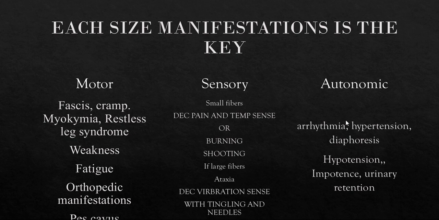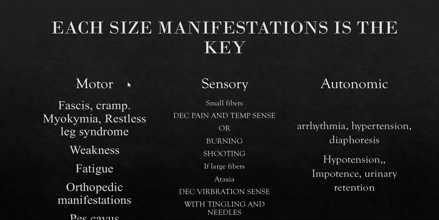But yes, the patient can present with hypertension or hypotension, diaphoresis, arrhythmias, urinary retention or impotence. If it is a small fiber, it's going to affect the autonomic fibers and the small sensory fibers, which are responsible for the transmission of pain and temperature. So there will be a decrease in pain and temperature sensation, and instead there will be burning and shooting pain because the pain and temperature sensory fibers are damaged.